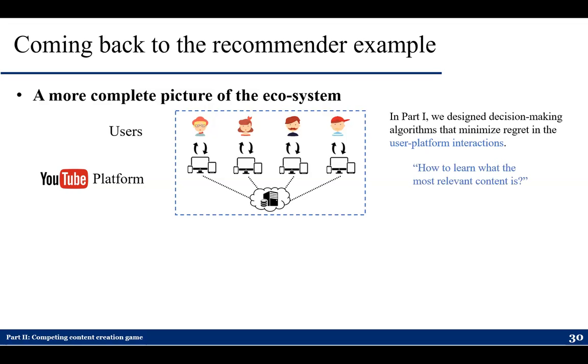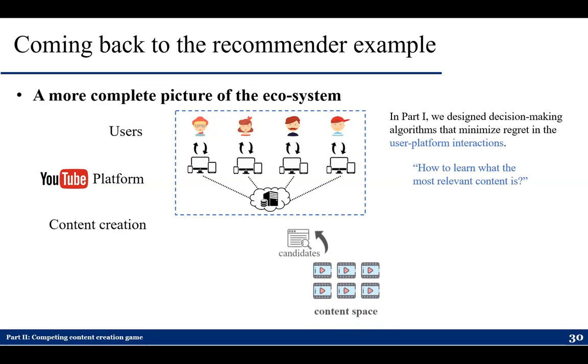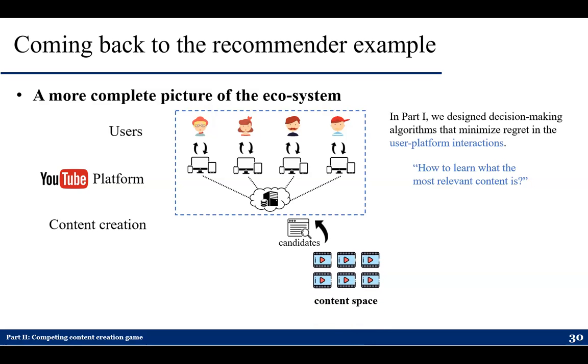And here we implicitly assume that the content space in the YouTube example, basically the videos, is static, or won't be affected by the decisions made here. But oftentimes, we also have other strategic agents in this ecosystem, which are the creators of such contents.